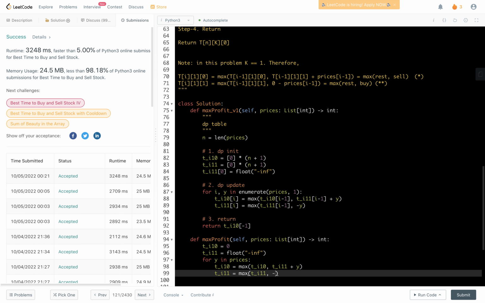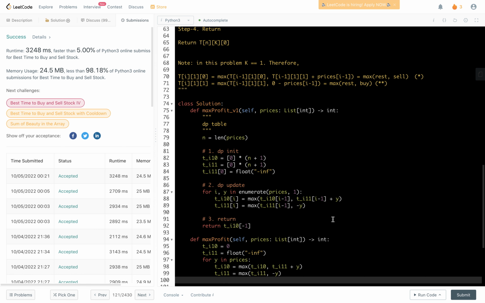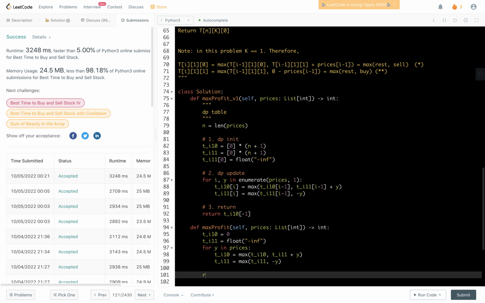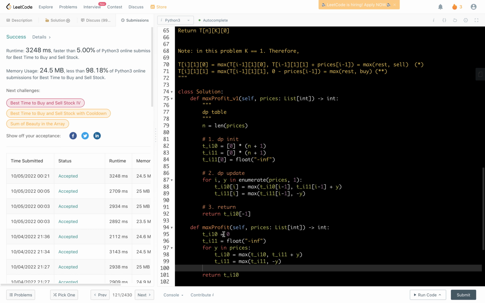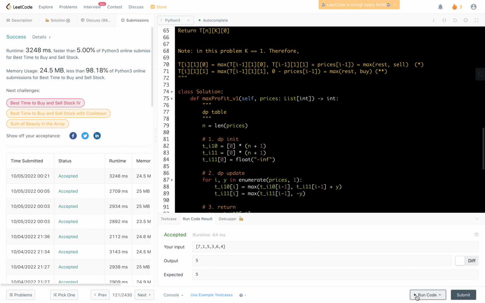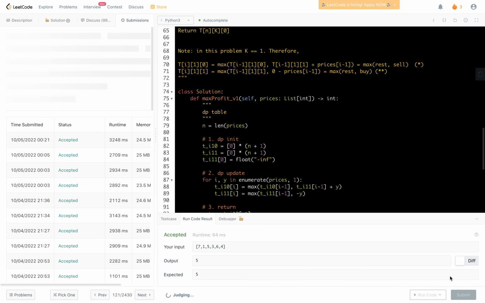And then we update T_i11, which is max of T_i11, in other words, the previous day, and then we're going to use negative y, as indicated by this equation. So after that, we just need to return T_i10, the final state of this variable. So this is essentially the same as the first version.